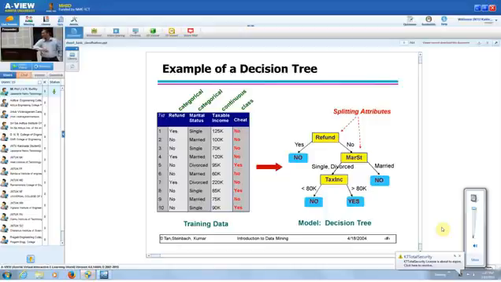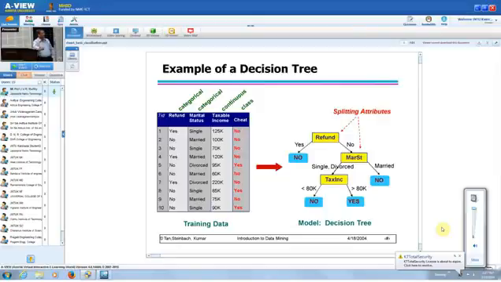Now obviously you will ask why marital status, why not taxable income. That's the question, but you accept it as it is for now. The split condition as well as the remaining things, you accept as they are, just to know how the decision tree is. Then I will explain to you one by one how things can be handled.